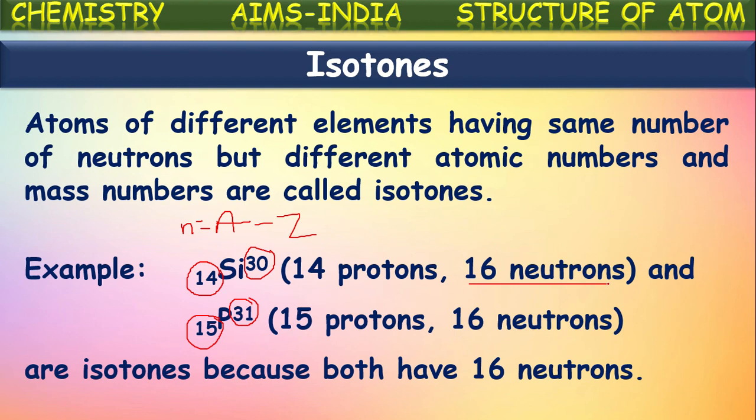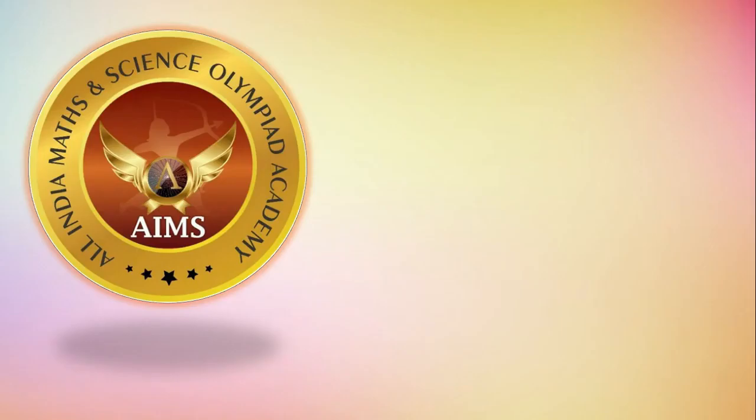For phosphorus, mass number 31 minus atomic number 15 gives 16 neutrons as well. So silicon and phosphorus both have the same number of neutrons but different atomic numbers and mass numbers. Hence these two are called isotones. Atoms with the same number of neutrons but different atomic numbers and mass numbers are called isotones. These are some relations between the atoms based upon the number of fundamental particles existing in them.